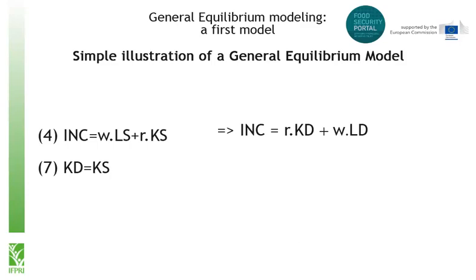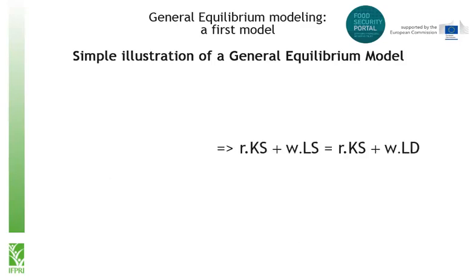You replace INC by W times LS plus R times KS, and on the right side you replace KD by KS. And so you've got a new equation which is R times KS plus W times LS equals R times KS plus W times LD.